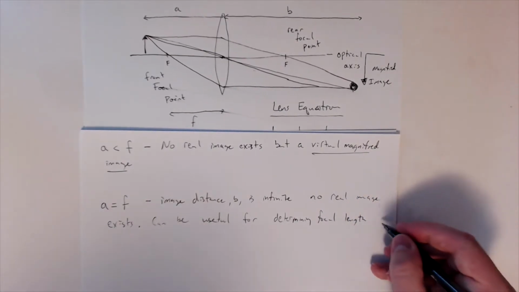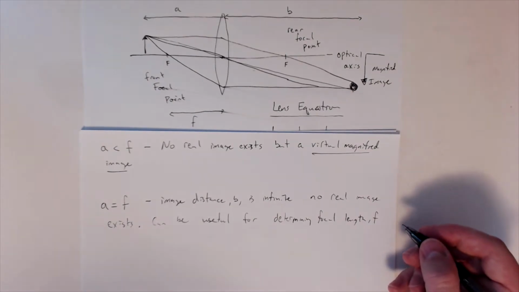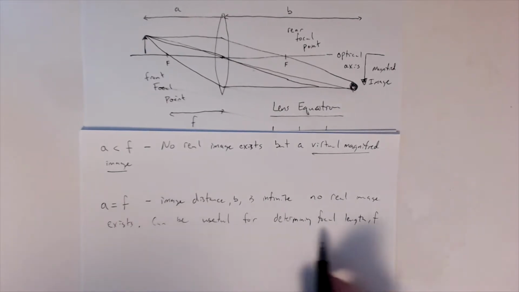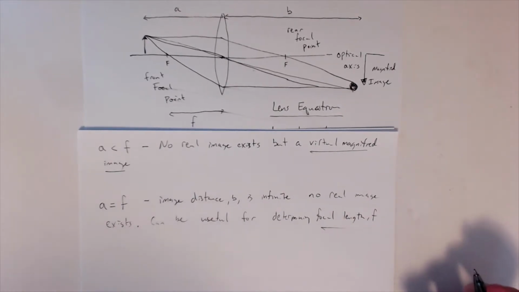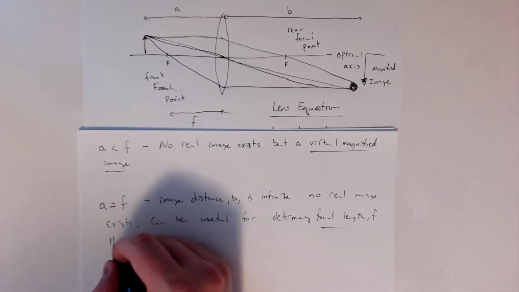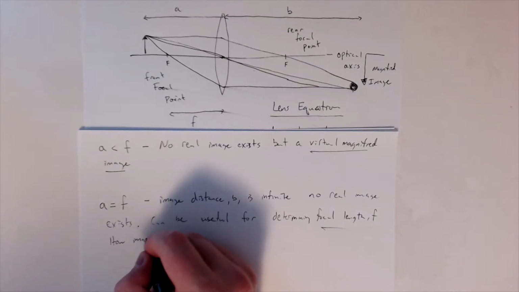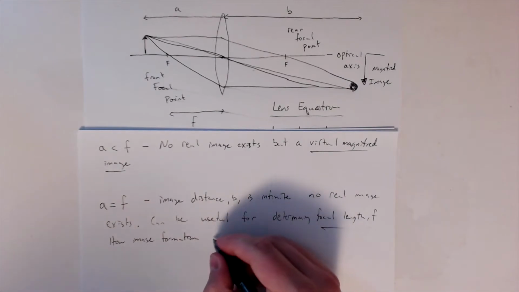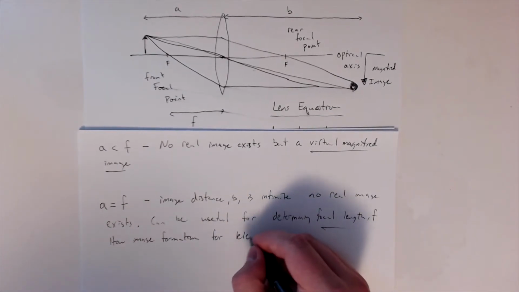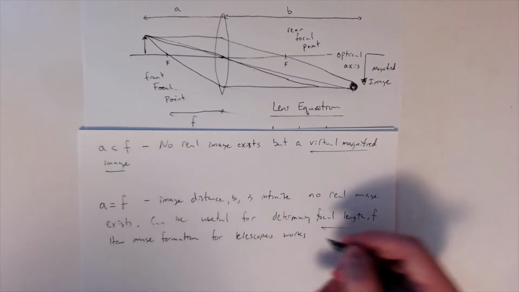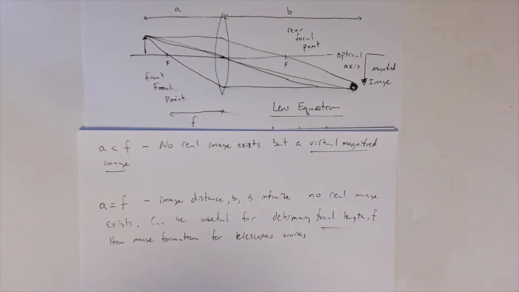So we can actually use it to determine F. So in this configuration, this is kind of something we can do for calibration, for example, so that we can determine what the focal length is. Also, not important for this class, but it's how image formation for telescopes works. So that's just kind of a side point there.